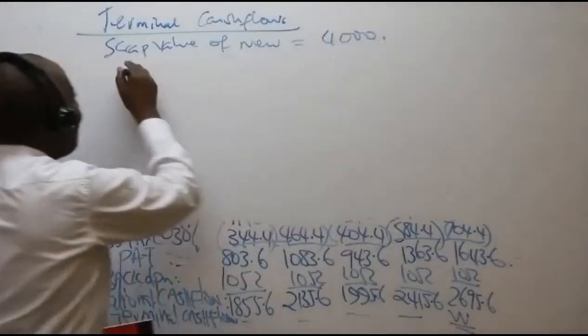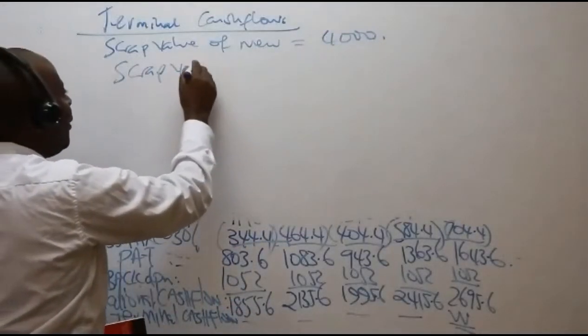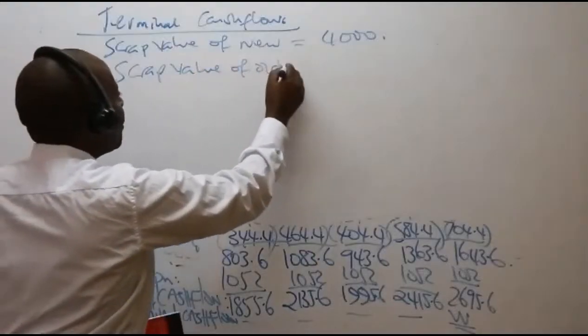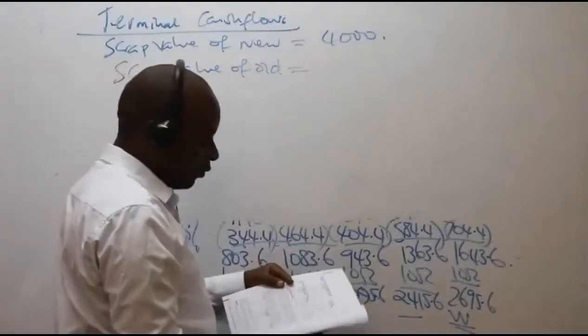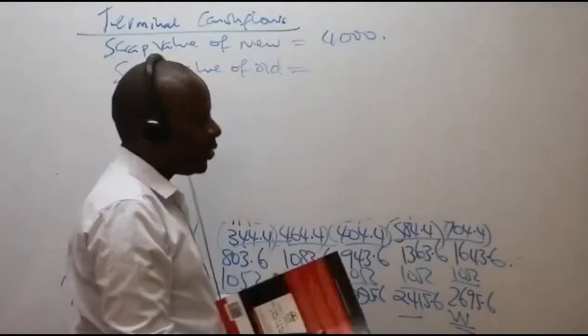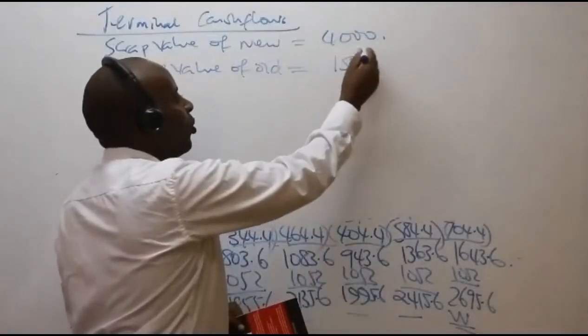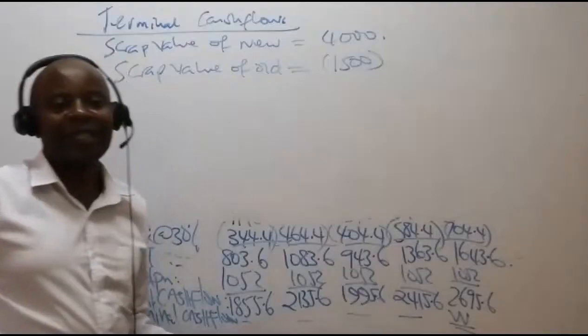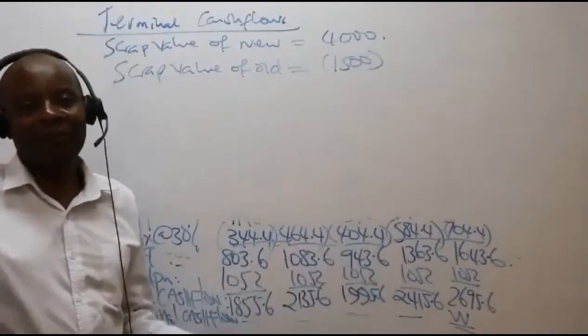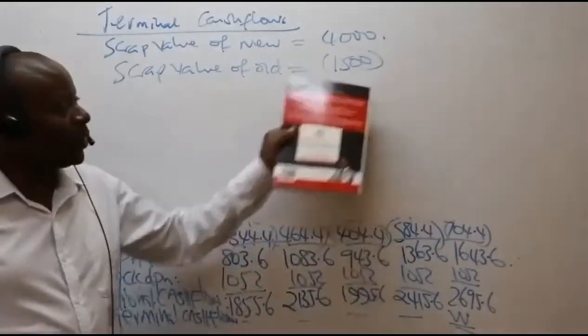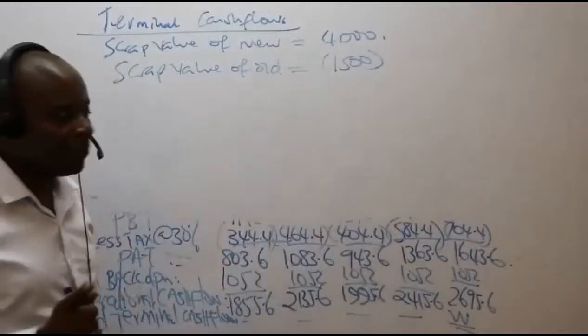And then we have the scrap value of old, which they gave me as 1,500. Remember, old is an opportunity cost. I'll lose that if I make a replacement decision today, so I'm capturing it in brackets.